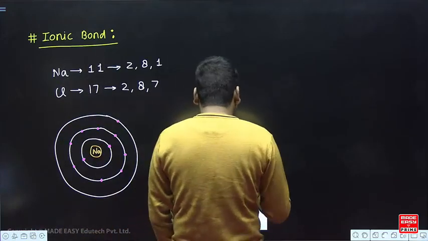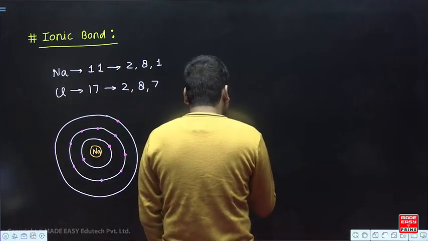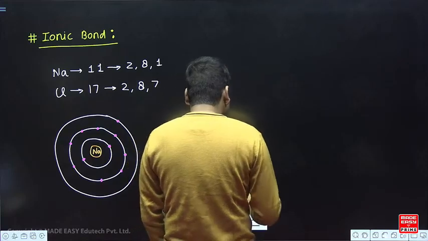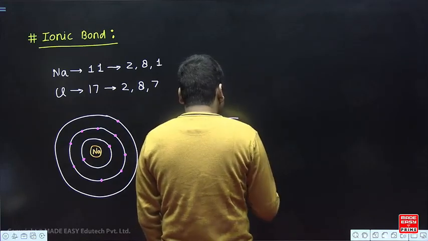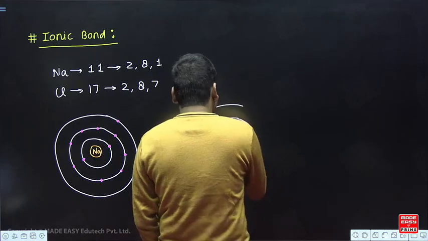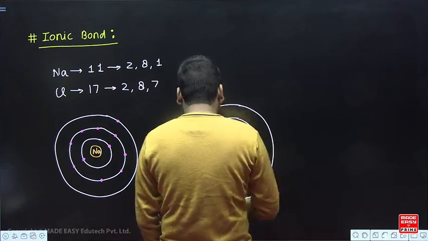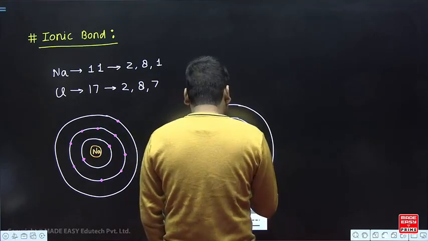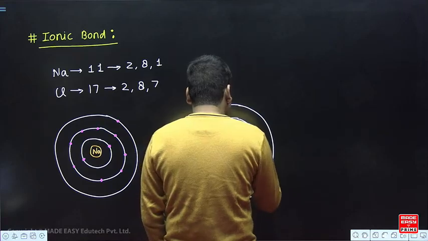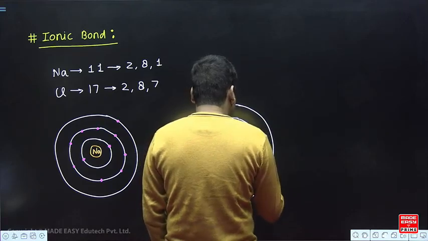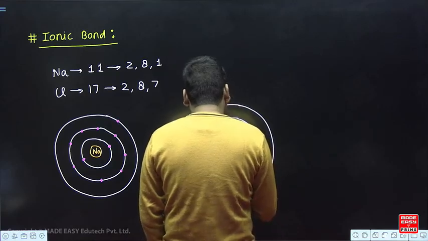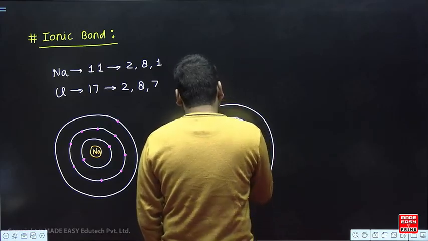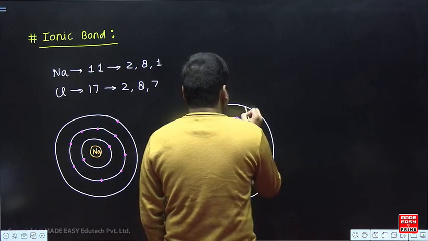Similarly, if I talk about chlorine, it has 1 orbit, second orbit, third orbit. In the first orbit you have 2 electrons. In the second orbit, 1, 2, 3, 4, 5, 6, 7, 8.